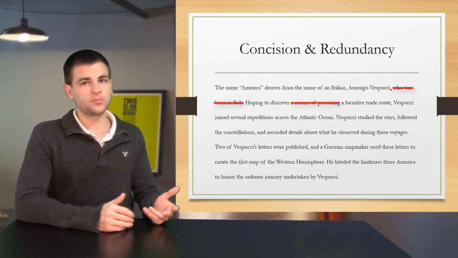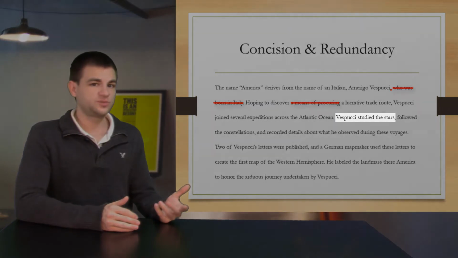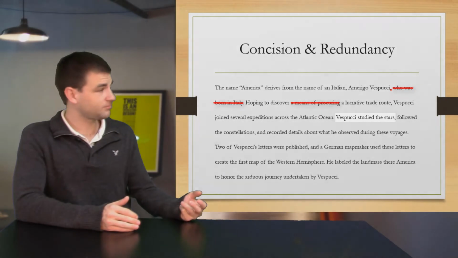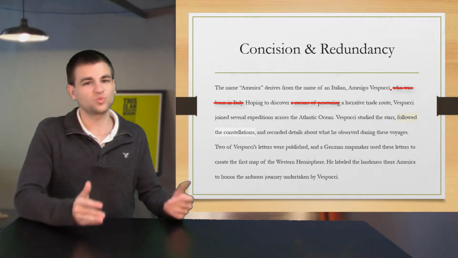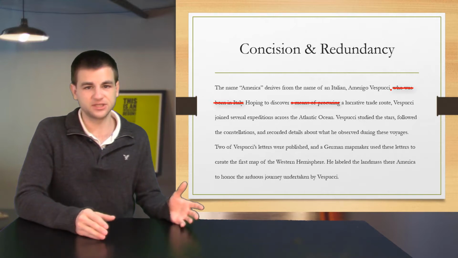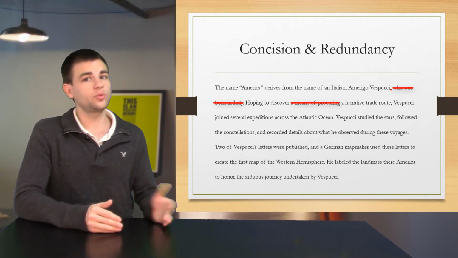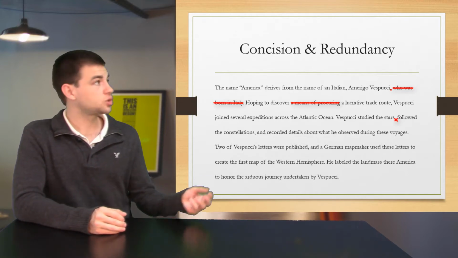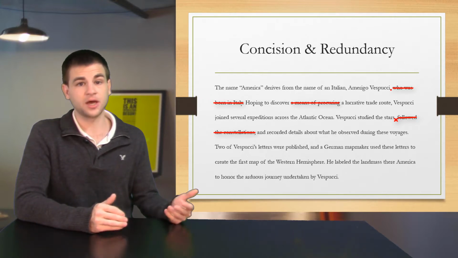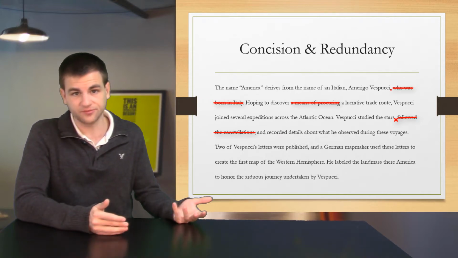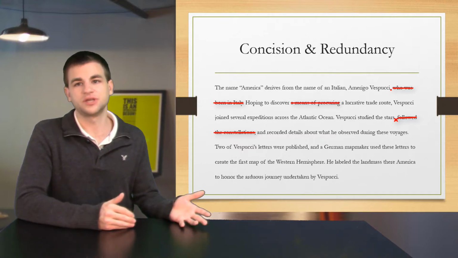Again, we have repeated ourselves here. I said that Vespucci studied the stars, and then I also said that he followed the constellations. Really, both of those phrases tell us exactly the same information. There's no need to repeat ourselves, so I'm going to eliminate one of those, and that way we've only presented the information once, so it's a little bit more concise, and there are no redundancies.